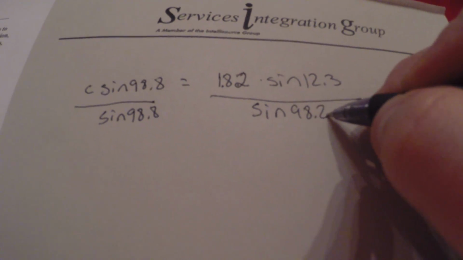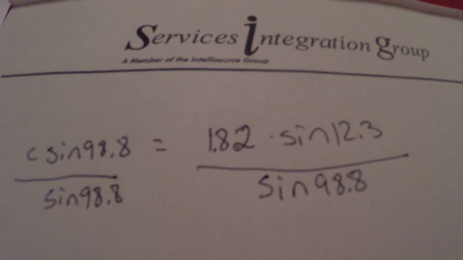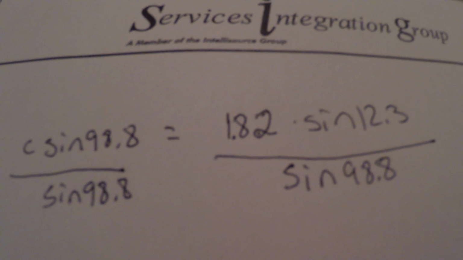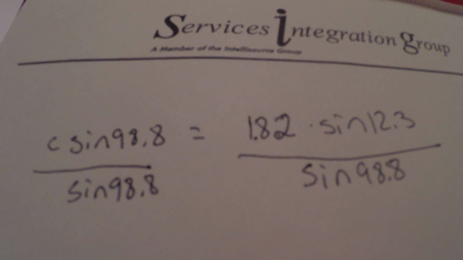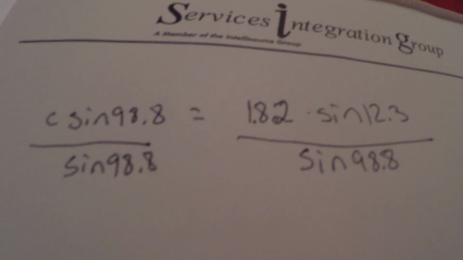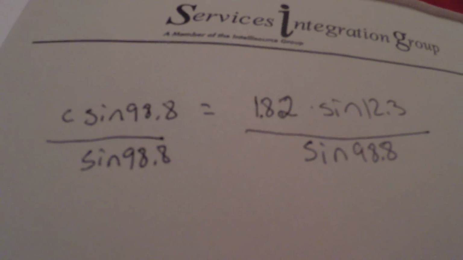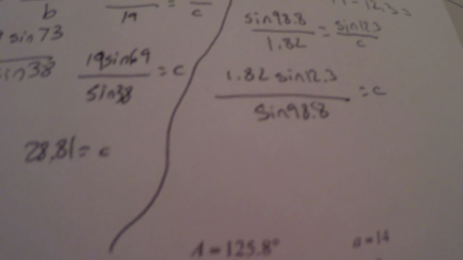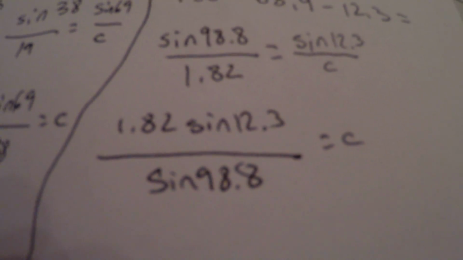I'm just doing it in one step as opposed to two. Hopefully you're comfortable with that. If not, go ahead and do it at your own pace. I jumped straight there because I was running out of space. Not that it's really going to matter at this point, but I did it.